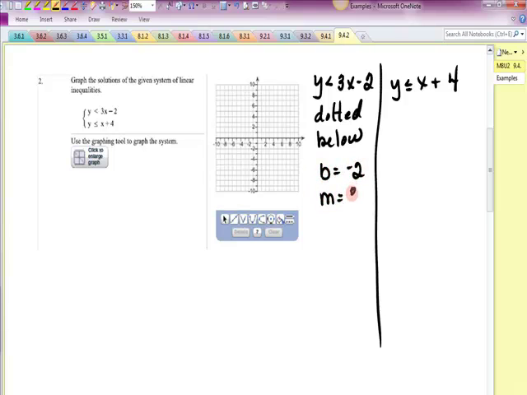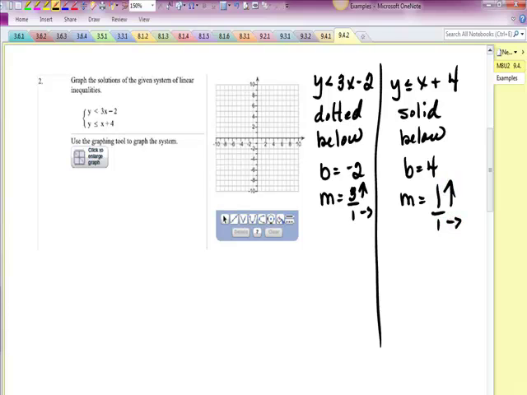The slope is 3 over 1, up 3, right 1. The second line will be a solid line. You will shade below. The y-intercept is 4, and the slope is 1. Put it as 1 over 1, so that's up 1, right 1.